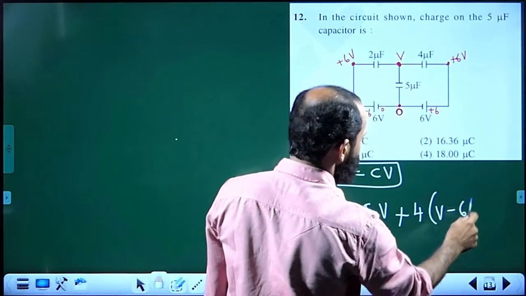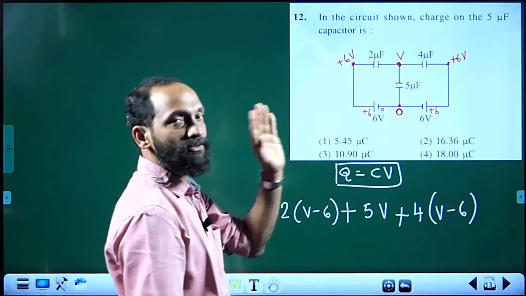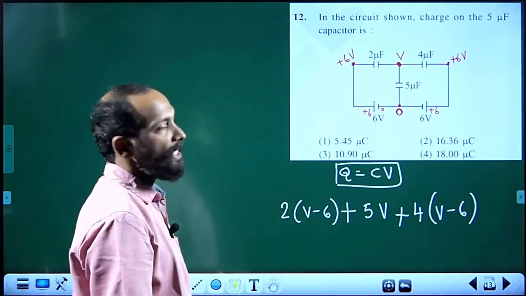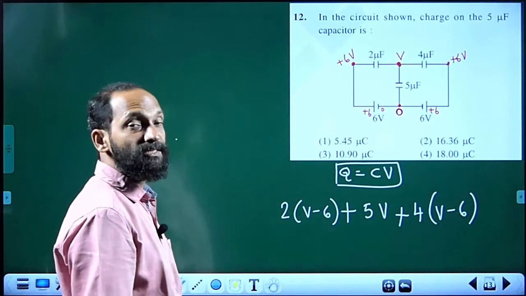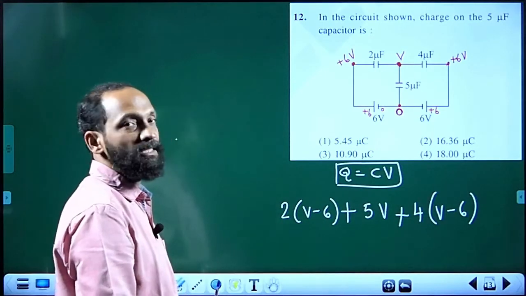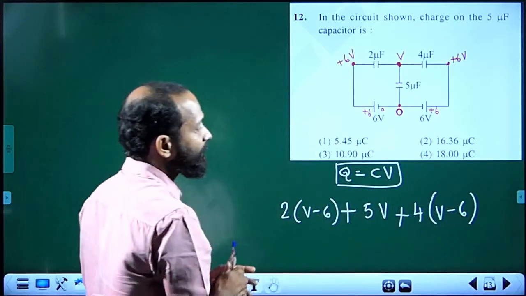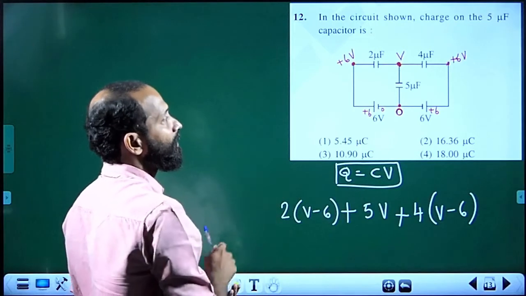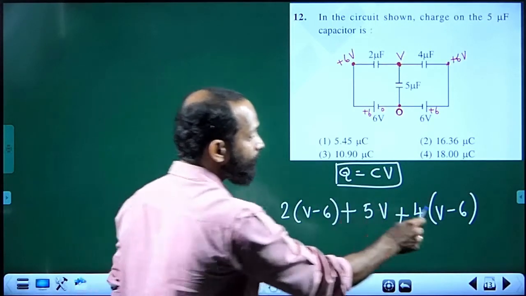V minus 6. Everywhere we assume V is at greater potential, so you need not worry about the directions of charge flow or the polarities of the capacitors, due to the property of conservation of charge. This is the way by which we have to write the sum of charges at the point V, that is equal to 0.